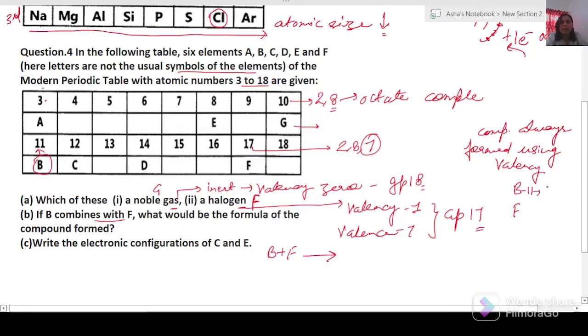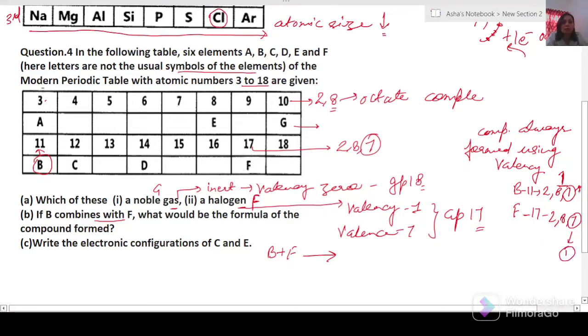11 is 2 comma 8 comma 1, so it will lose this one electron, so its valency will be 1. Now F is here, 17, so it is 2 comma 8 comma 7, so its valency will also be 1 because it will be accepting one more electron to complete its octet.